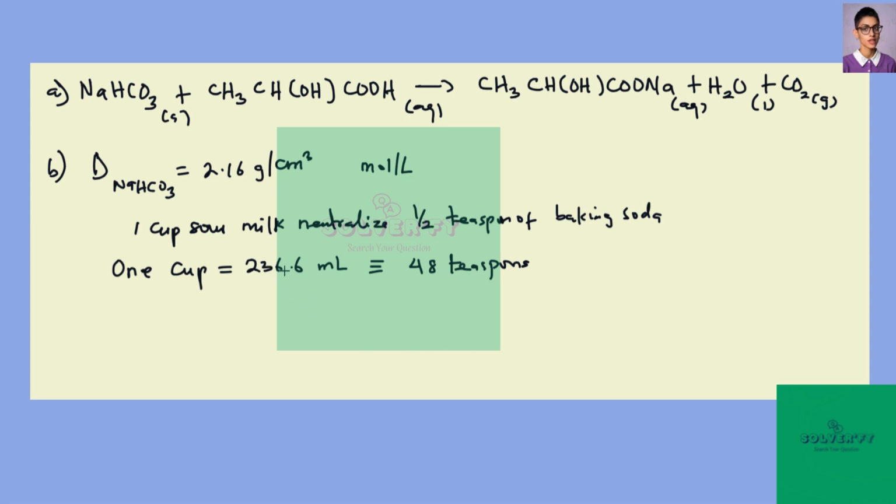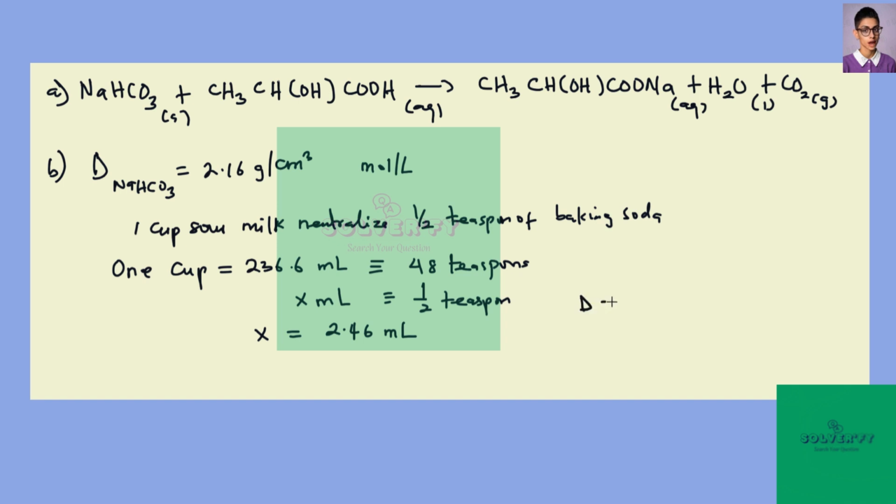So if 236.6 milliliters is equal to 48 teaspoons, then half a teaspoon will be equal to X milliliters, and that will be 0.5 times 236.6 divided by 48. So X will be equal to 2.46 milliliters.